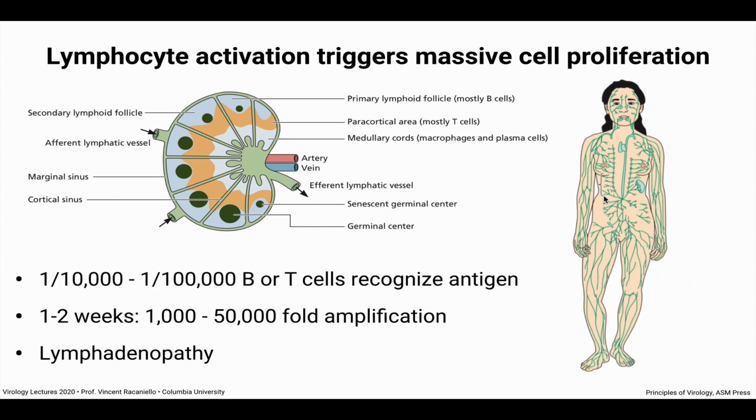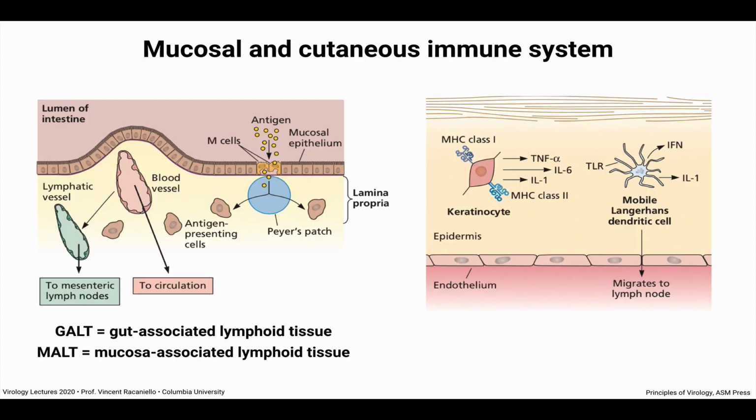There are antigen-presenting cells patrolling all throughout your body, as we talked about later. And here are two examples of very specific immune systems in the gut and the skin, the mucosal and the cutaneous immune system. So here on the left is the gut-associated immune system.